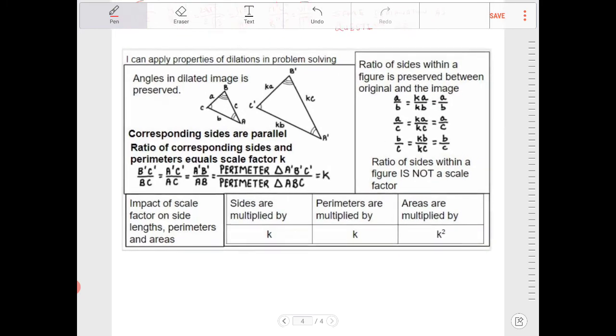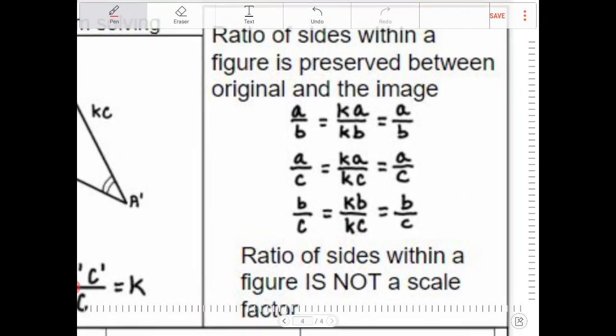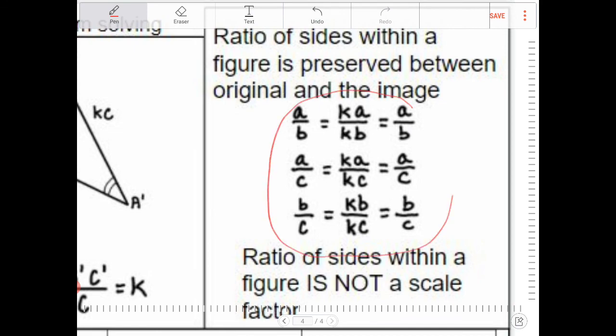And if you look at this chart here, this is actually a summary of all the conclusions that came out of this exercise. This is a summary of everything that we had just discovered together. If we compare side lengths within the same triangle, all those ratios will be preserved.